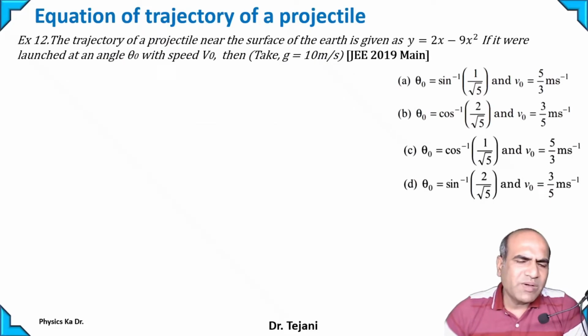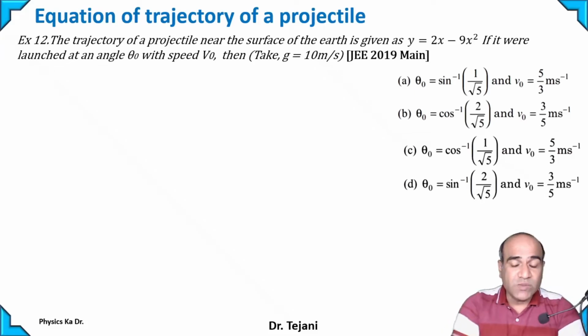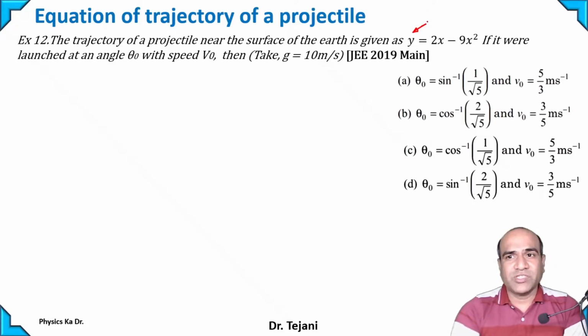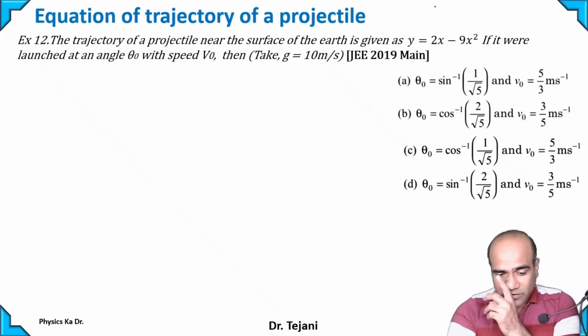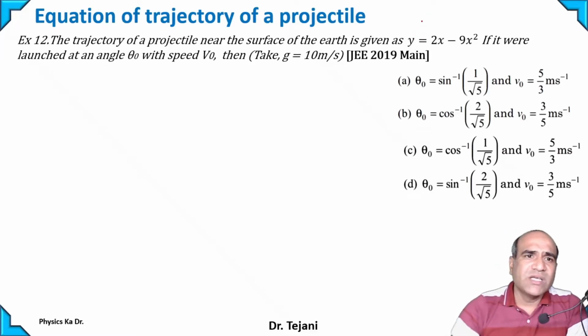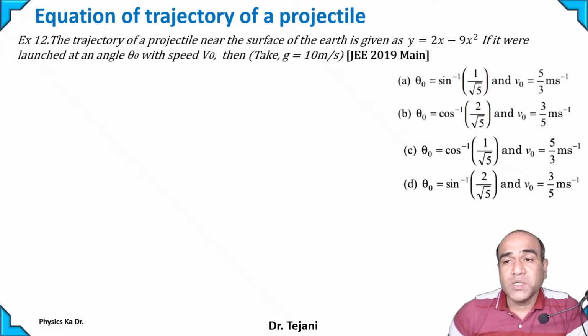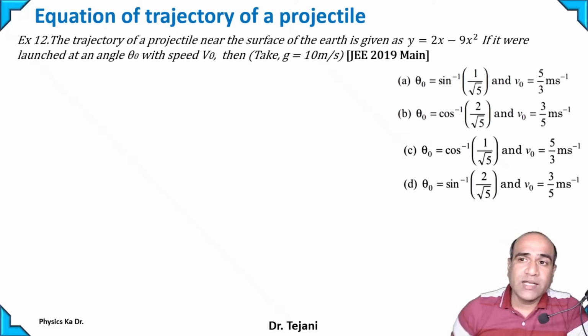This is example number 12 and it is coming directly from the JEE 2019 Mains exam. What is asked? The trajectory of a projectile near the surface of the earth is given. As I mentioned earlier, you need not remember all the equations, you can derive from this equation also. y is equal to 2x minus 9x square.